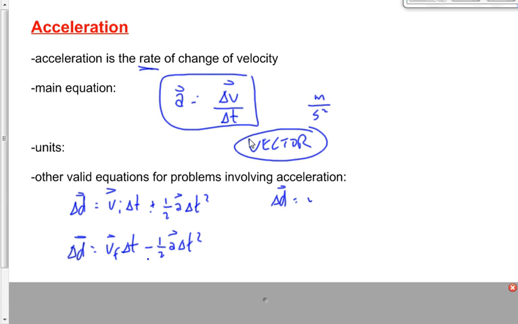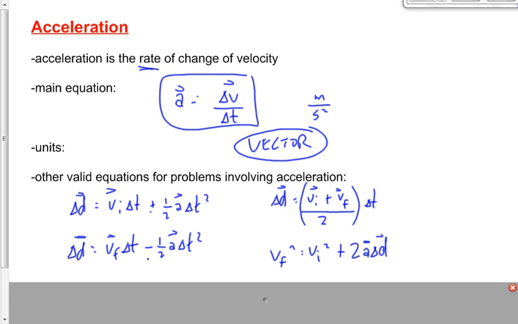D is equal to VI plus VF over 2 times T. This one's valid involving acceleration, but yet you don't even see acceleration in the equation. That's okay. Something is speeding up, you might not know the value of the acceleration. It's still acceleration. One more. VF squared is equal to VI squared plus 2AD.